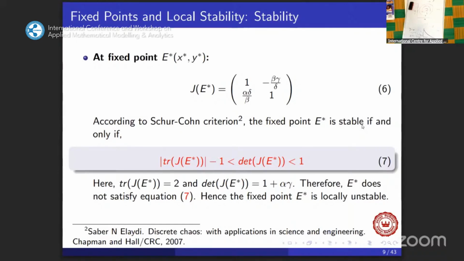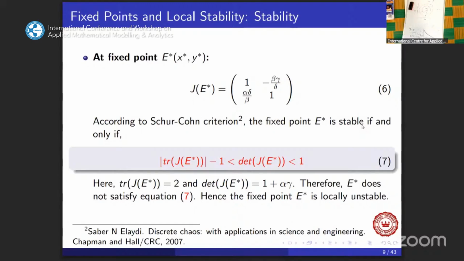What is the criterion? The absolute value of trace J* minus 1 is less than the determinant of J*, which is less than 1, then the system is stable, otherwise not. So we have to check the inequality: absolute value of trace J* minus 1 is less than det J*, less than 1. And what will we get?